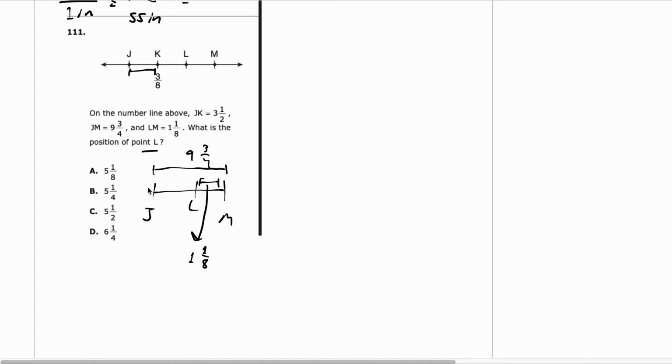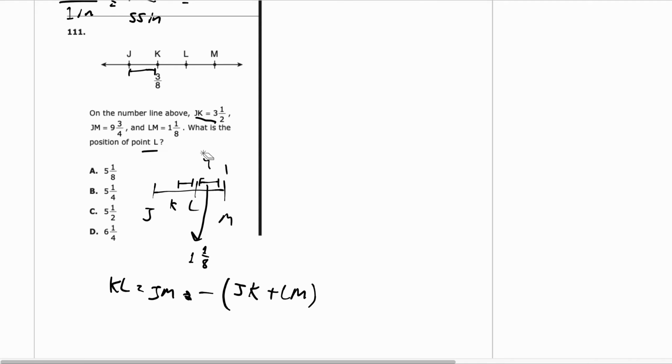And then we also know JK. We're told that here, so that's 3 1/2. From this, we can find the length of KL. KL is just going to be JM, the whole length, minus JK plus LM.